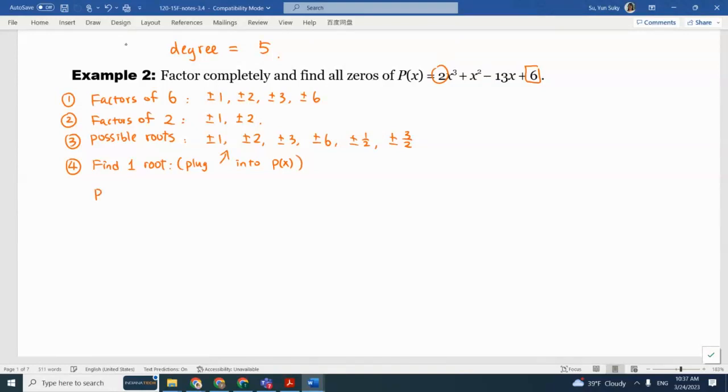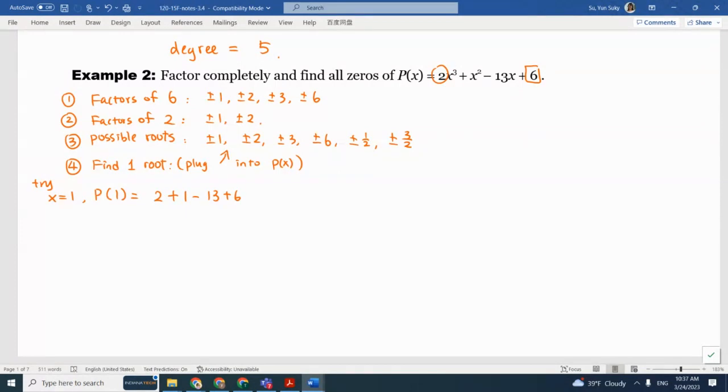So let's do it. The first number is 1. So we try x equals 1. We plug in 1. What happened? 2 plus 1 minus 13 plus 6. Is everybody okay with that?